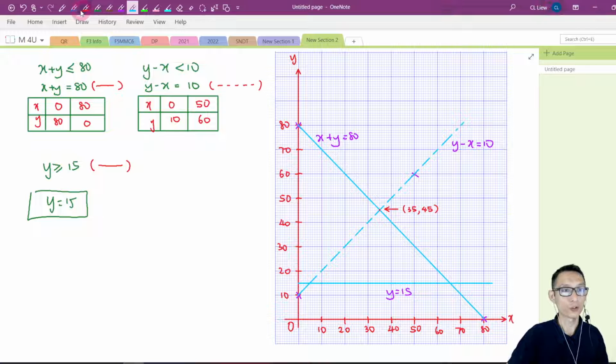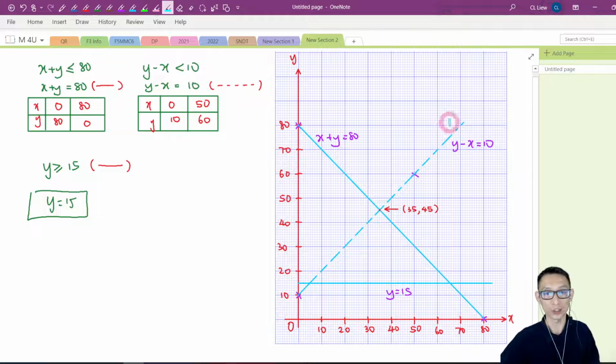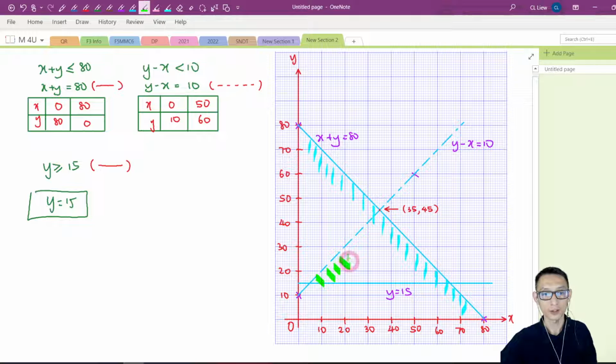Okay, now let's go back to this one. X plus y is less than or equal to 80. Look for x plus y is equal to 80. So which means over here. Okay, and y minus x is less than 10 over here.